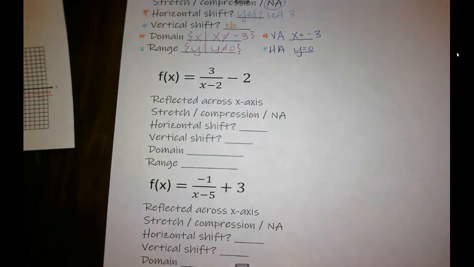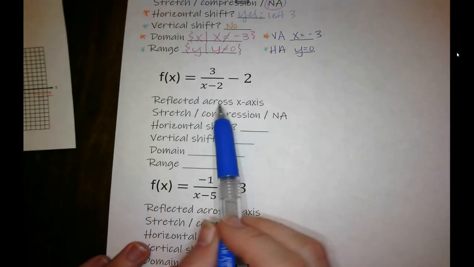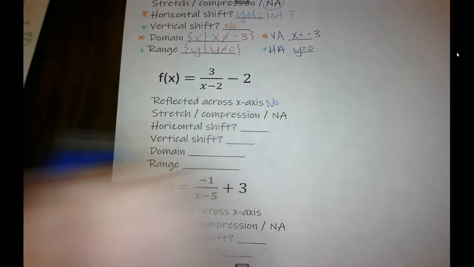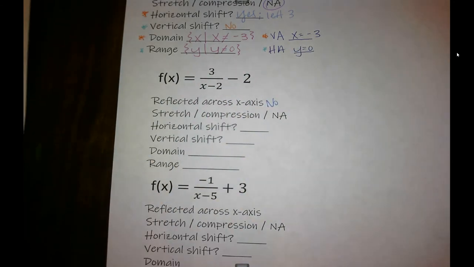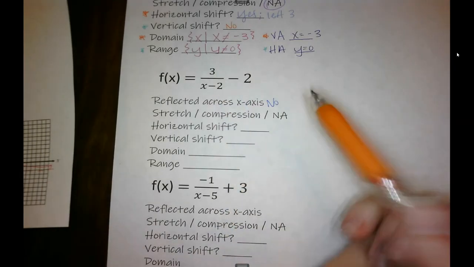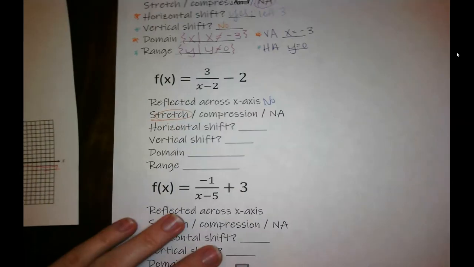Okay, so let's look at this example. Is it reflected across the x-axis? A negative a is reflection. This is positive, so nope. Is it stretched, compressed, or neither? Stretch and compression have to do with the value of a. It's greater than 1, so we've got a stretch.